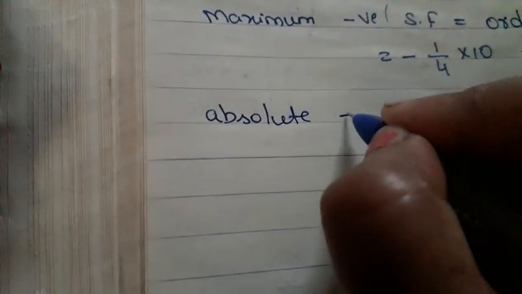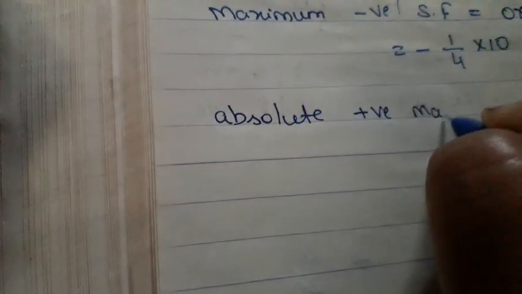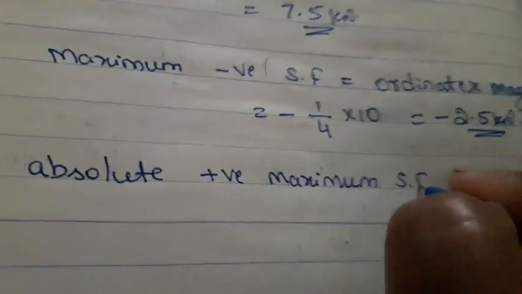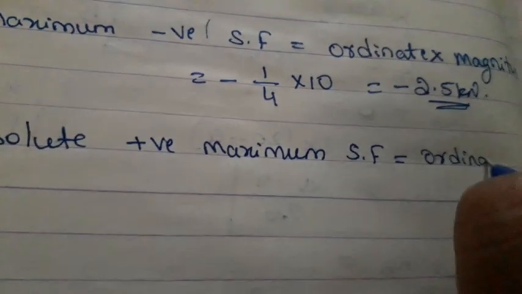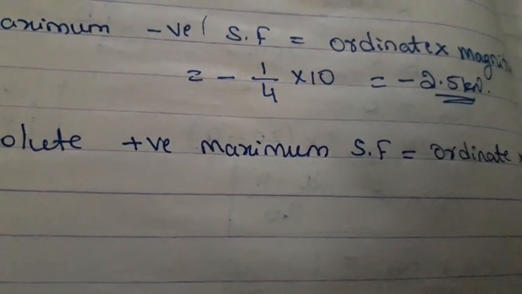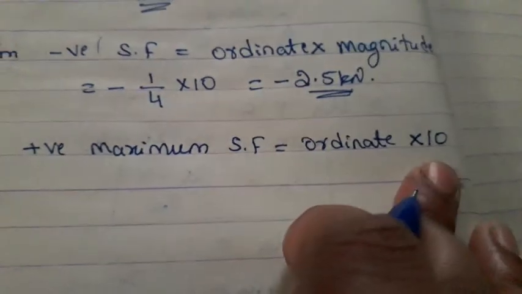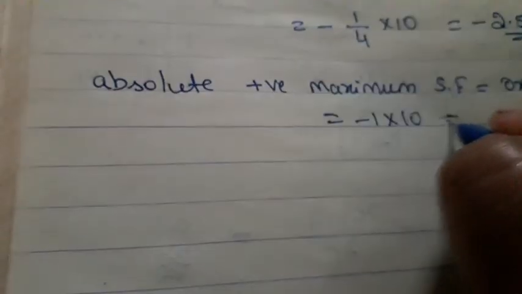Absolute maximum shear force is equal to ordinate into 10, which is the magnitude. So minus 1 into 10, which is minus 10 kilonewton.